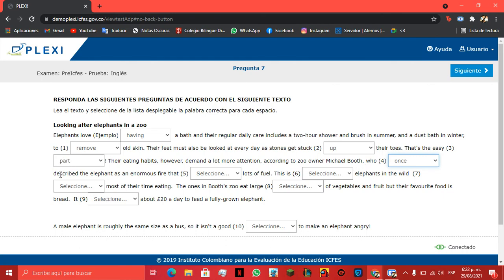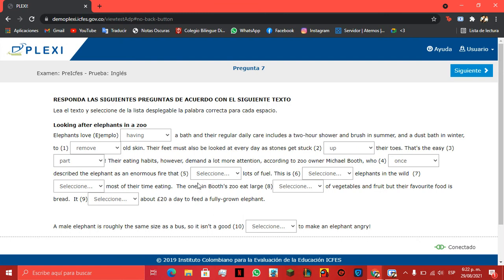If we can see, described is in the past, so for me that makes more sense. Who once described the elephant, so it tells us that he described the elephant this way one time in the past.